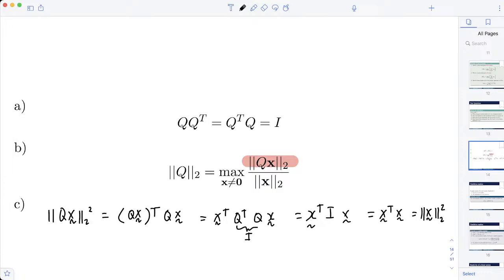And what that basically tells us is then this 2 norm over here is just going to be equal to the max over some arbitrary x, that's not the 0 vector, of this over here, which is just equal to 1. So once you know that instead of dealing with the norm, you want to deal with the dot product, then it becomes a lot easier and quite straightforward.